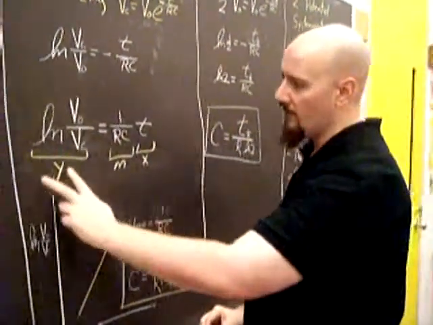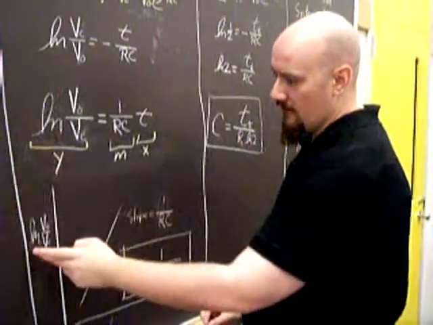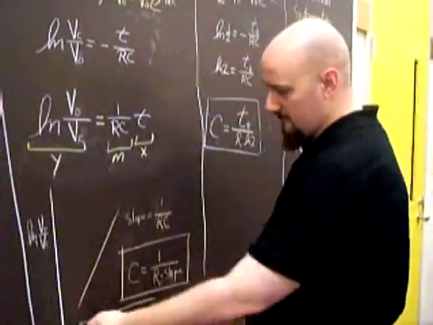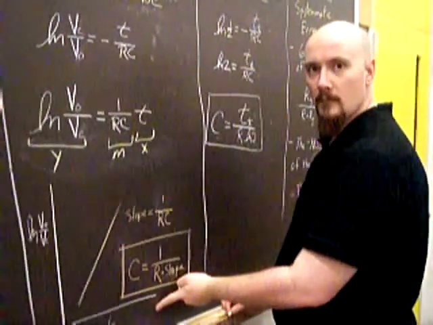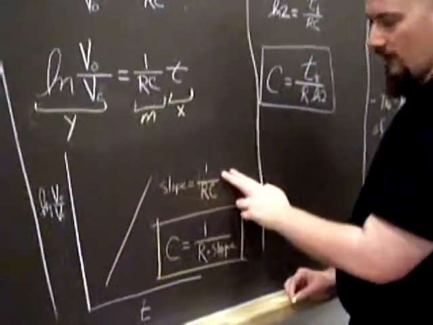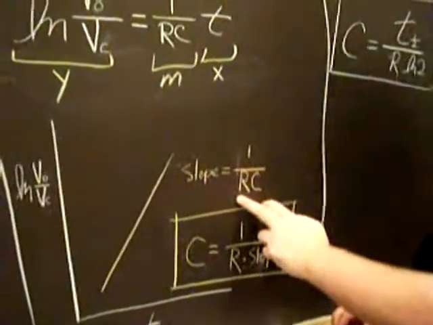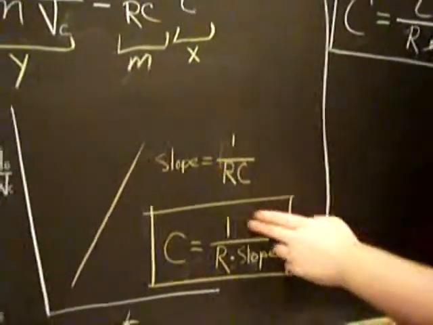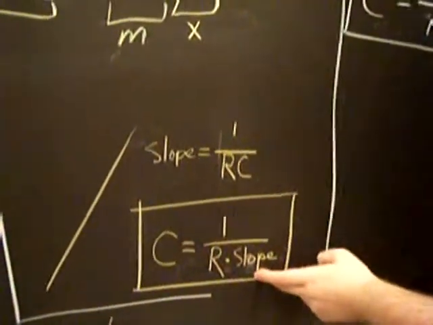When we graph it, on the ordinate we'll have the natural log of V naught over V versus time on the abscissa. The slope of this line should equal 1 over RC. If we know R and the slope, we can calculate our capacitance: 1 over R times slope.